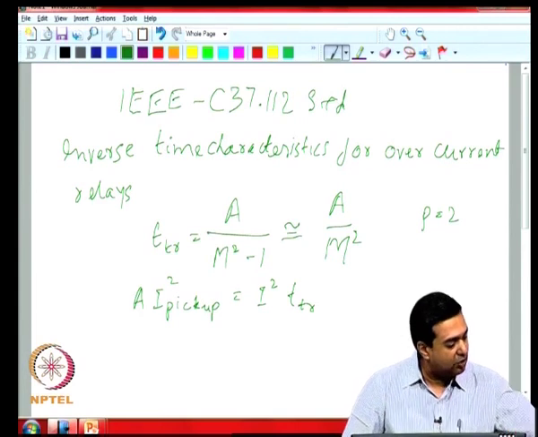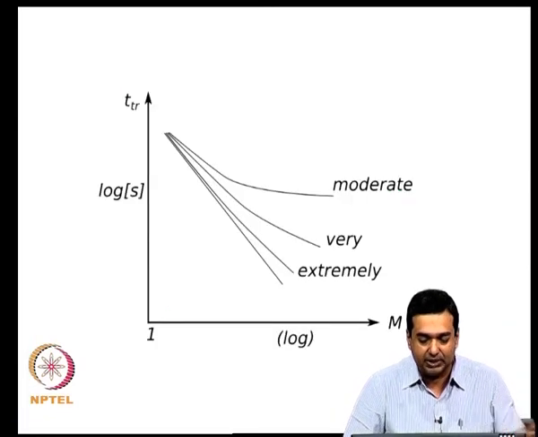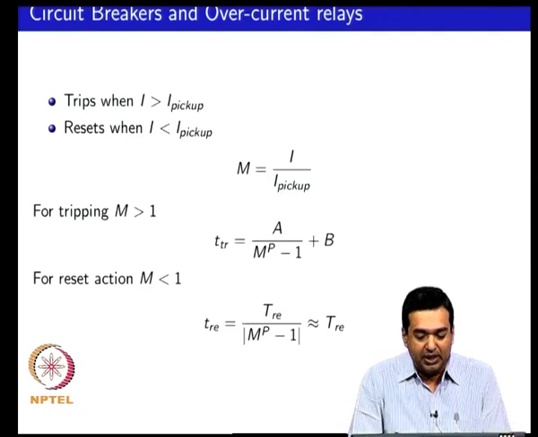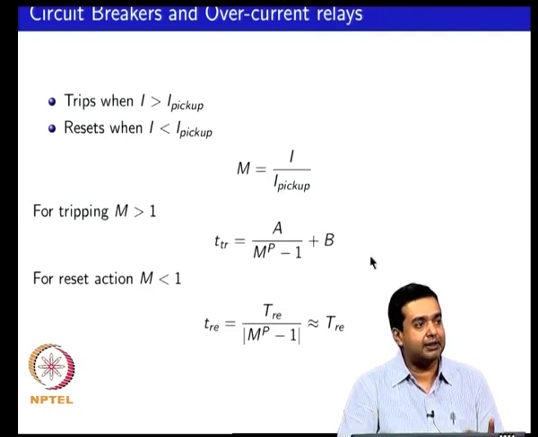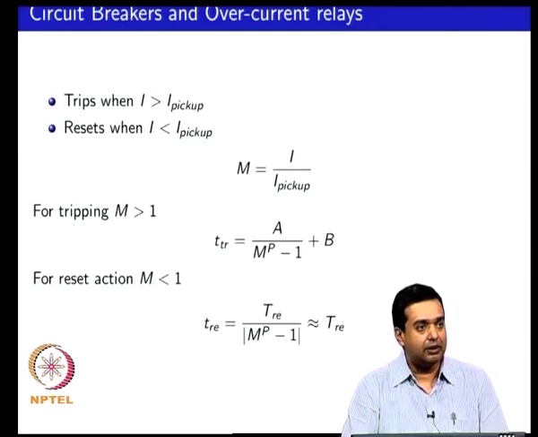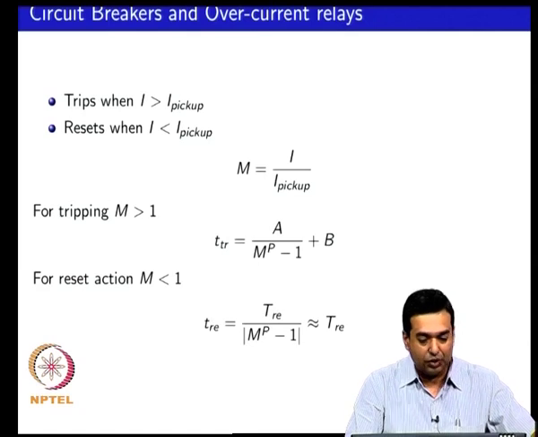Okay. If you look at the b in the previous equation, this b term represents the definite time aspect of the IDMT characteristic.